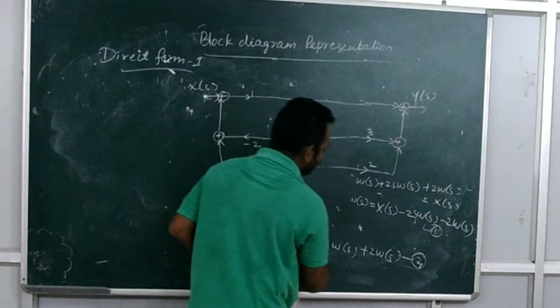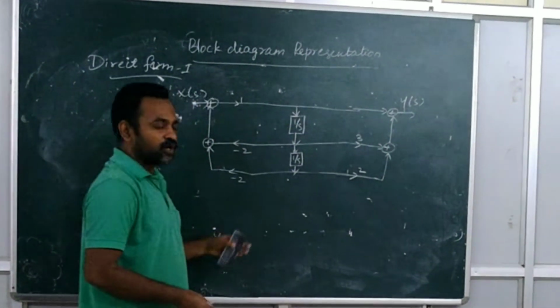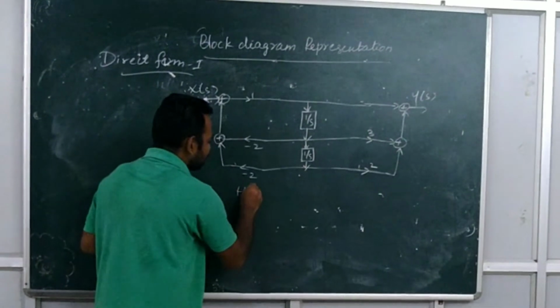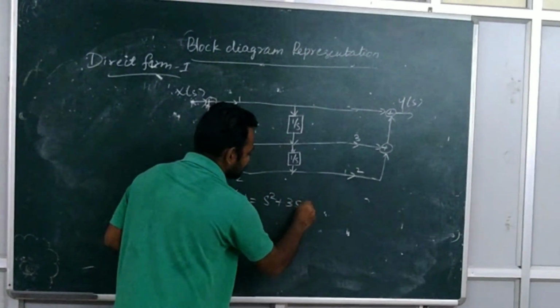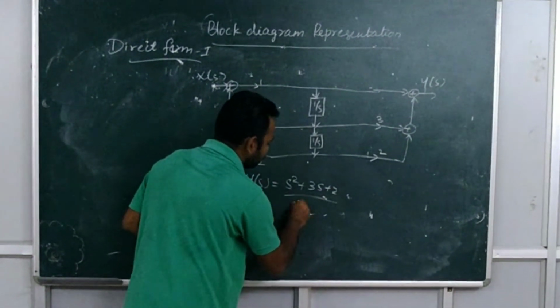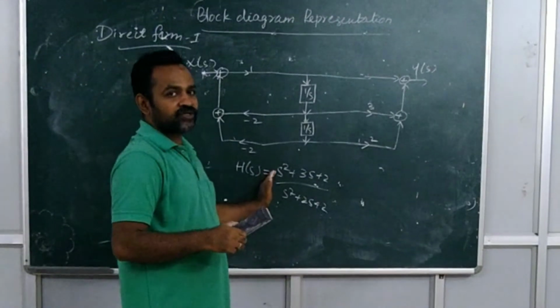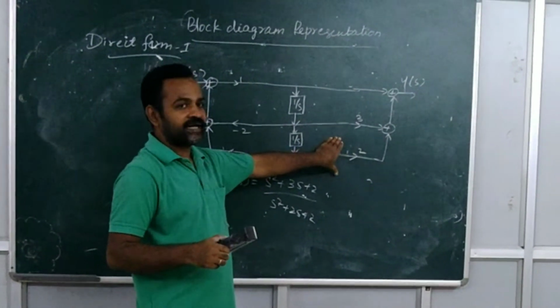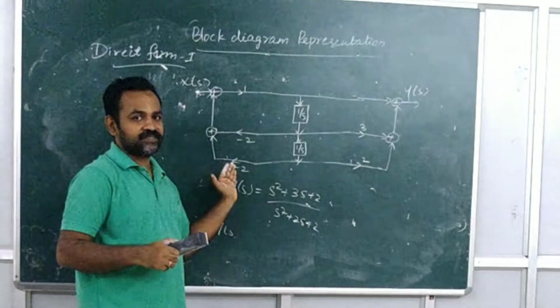So this one, without using any equations also, you can directly draw this representation, because the H of s is given by s square plus 3s plus 2 over s square plus 2s plus 2. So the numerator part comes on the right hand side and the denominator part comes on the left hand side.